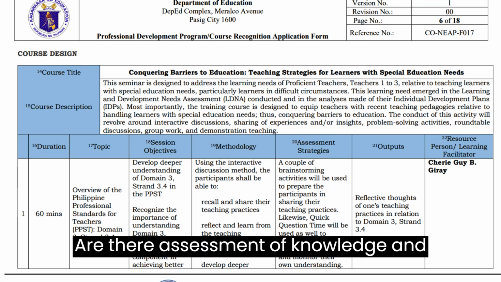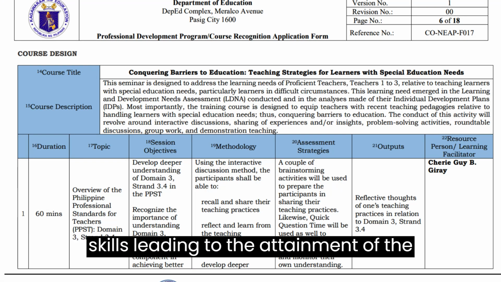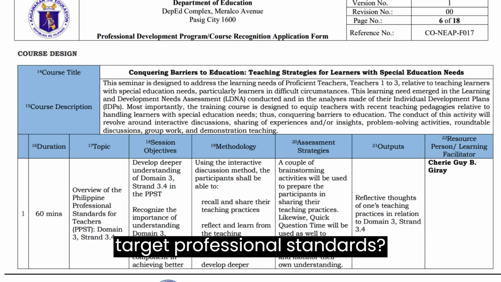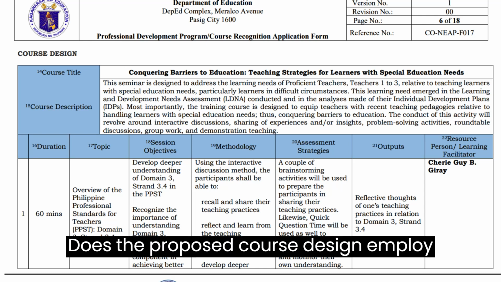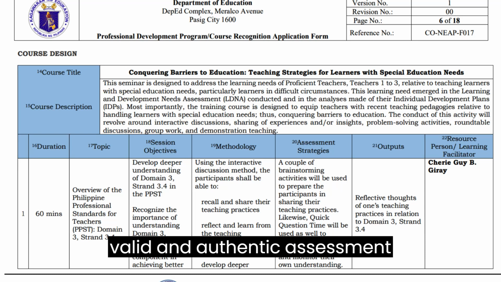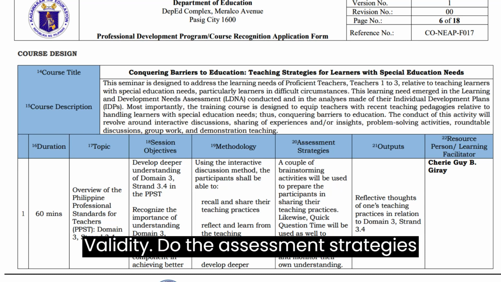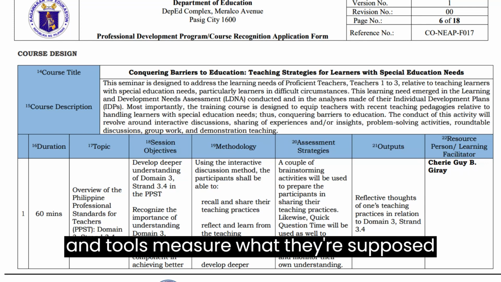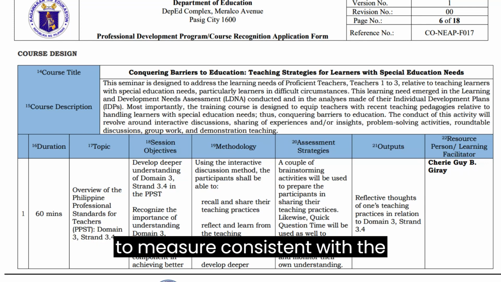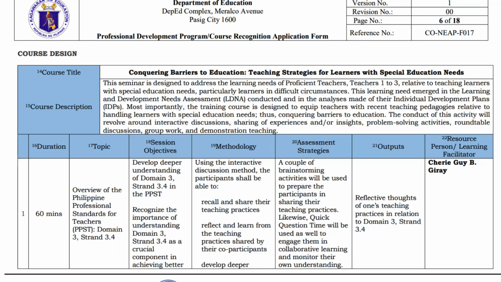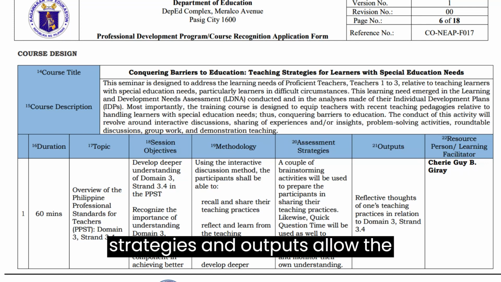Are there assessments of knowledge and skills leading to the attainment of the target professional standards? Does the proposed course design employ valid and authentic assessment strategies and tools? Validity: do the assessment strategies and tools measure what they are supposed to measure, consistent with the objectives? Authenticity: will the assessment strategies and outputs allow the participants to apply learning in practical contexts and scenarios?